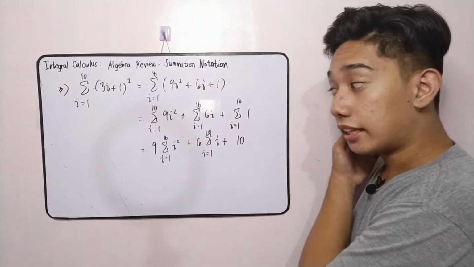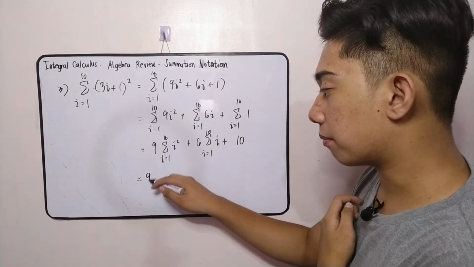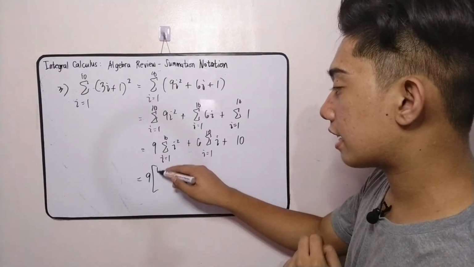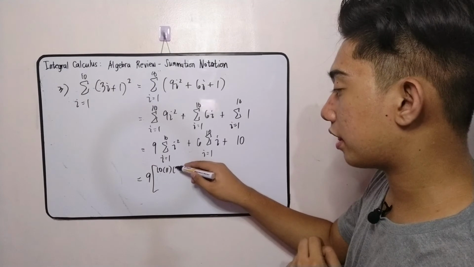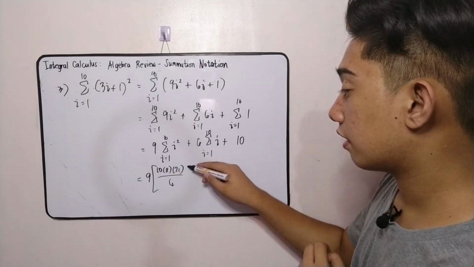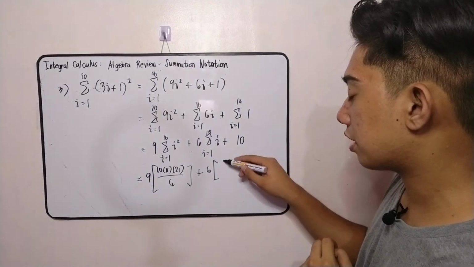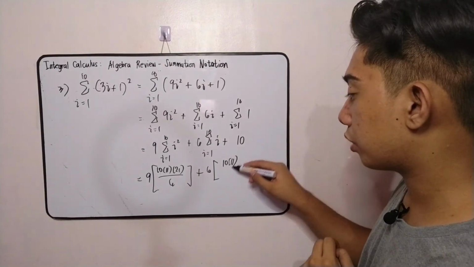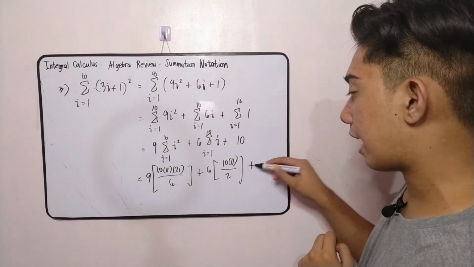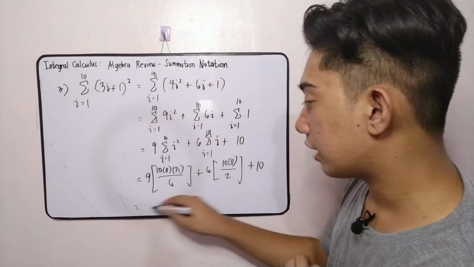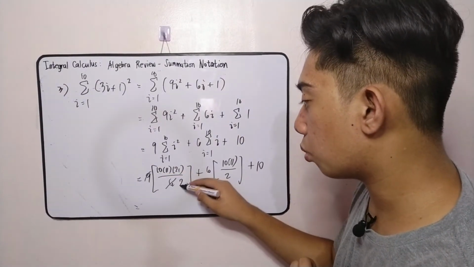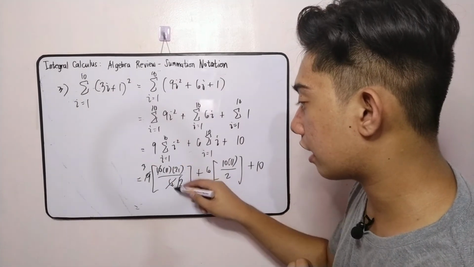Okay? The next is, follow the theorem. So this becomes 10 times 11 times 21 over 6. And also this becomes 6 times 10 times 11 over 2, plus 10. Okay? Simplifying, cancel 2, 3. Cancel 5.